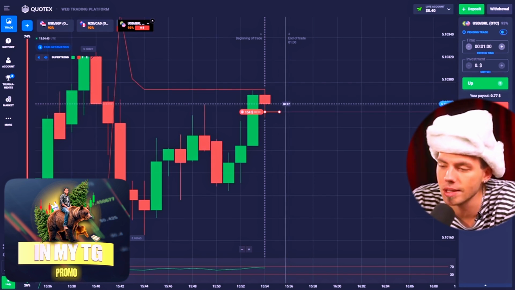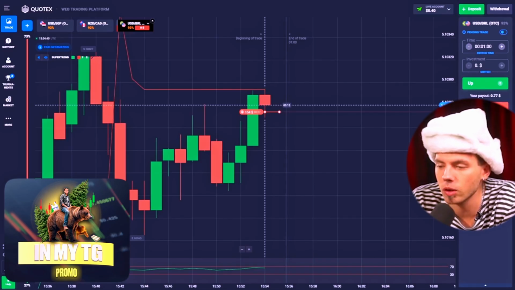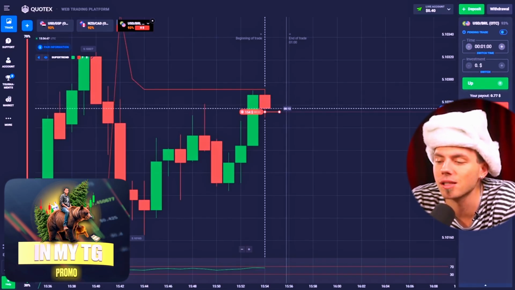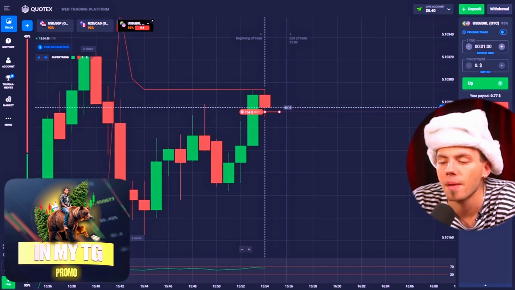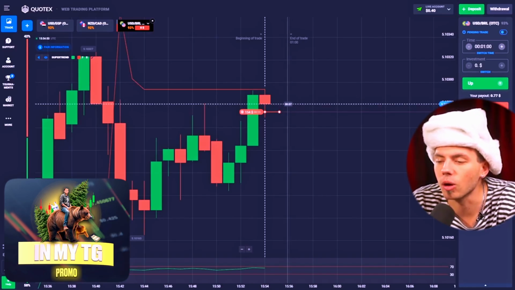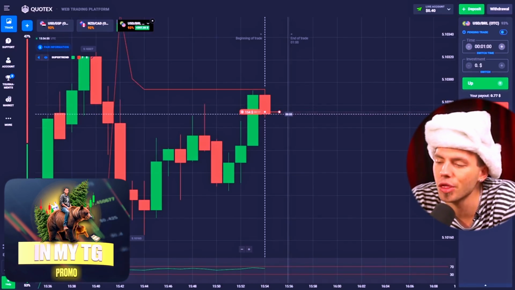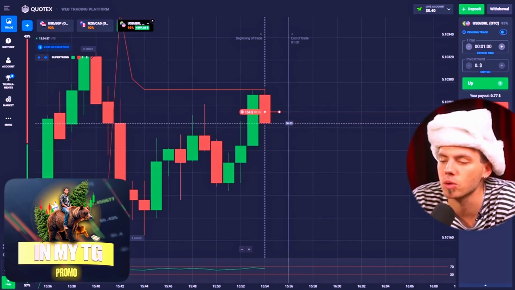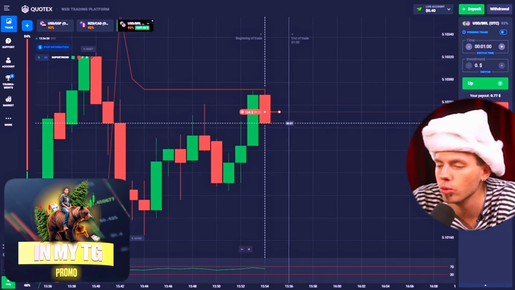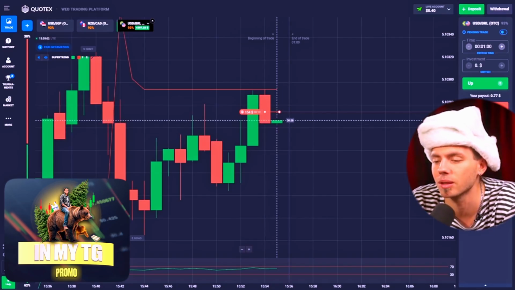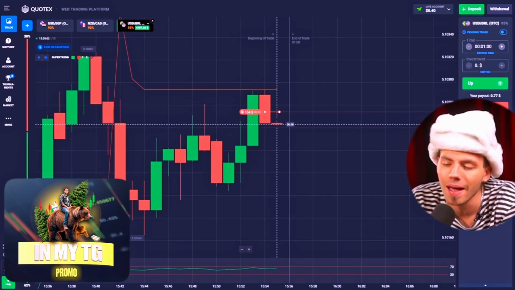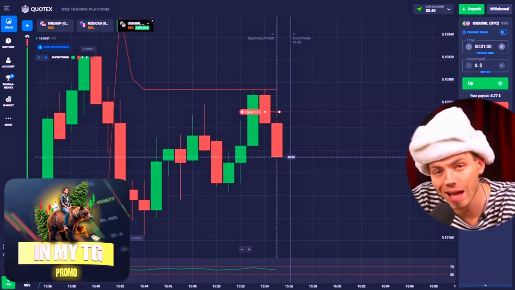Although the price is oscillating right now, it will not break out this level because it's a very strong level of resistance over here. We will go down right now, so there is no chance that the price will go up at the moment. We are already slowly going down below the level where we opened our trade, and all we need to do is wait a little bit.